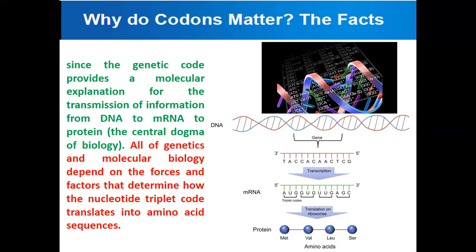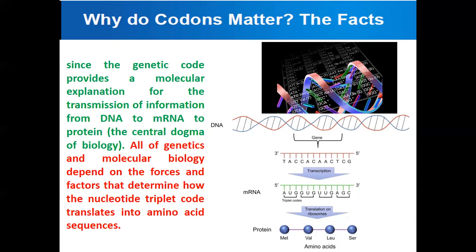All of the genetic information depends on the forces and factors that determine how the nucleotide triplet code translates into amino acid sequences. So basically, all of our genetic information is decoded in the form of proteins through genetic codons. That's why genetic codes have greater significance.